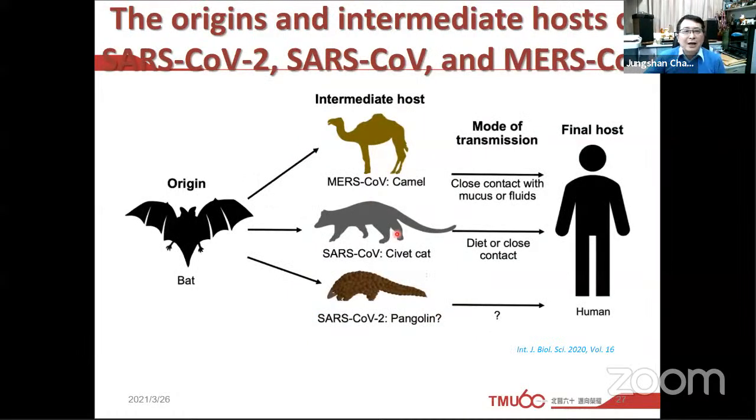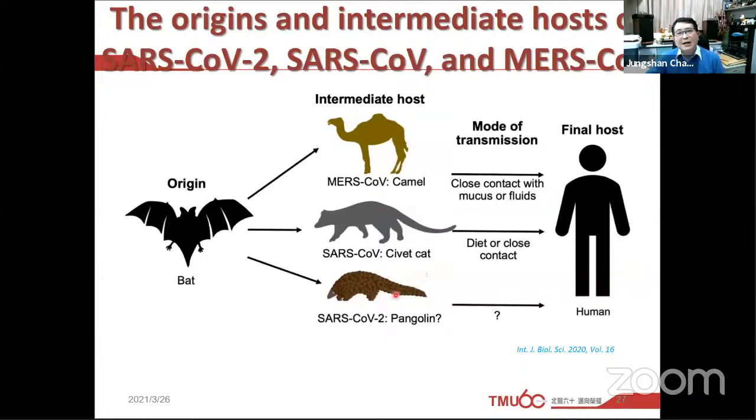Let's look at those 3, compare the similarity and the difference between these 3 coronaviruses. MERS, SARS, and COVID-19, their original host is the bat, and they pass through different intermediate hosts. For example, the camel in MERS, and the civet cat in SARS. And for COVID-19, we don't know yet, but people suggested the pangolin.